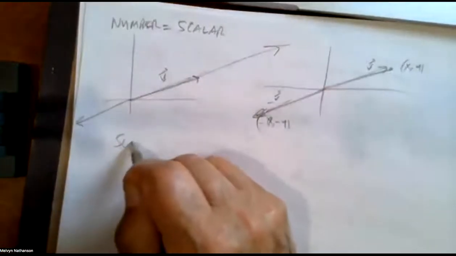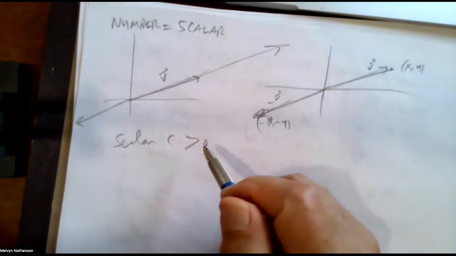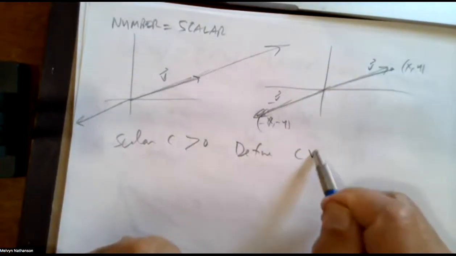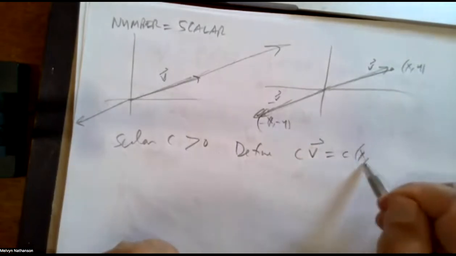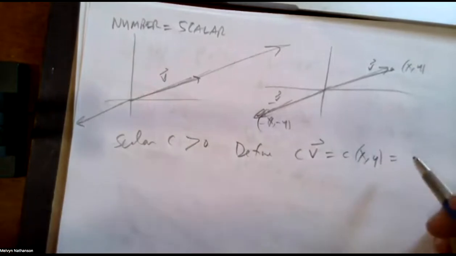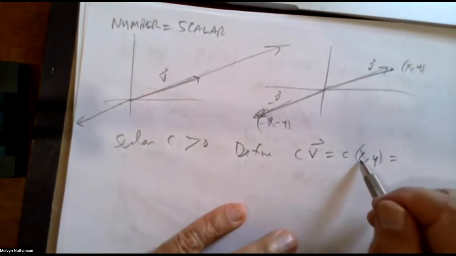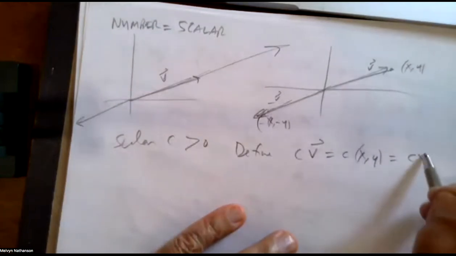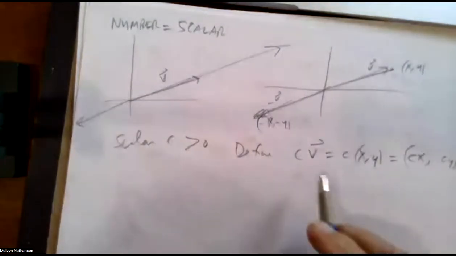Suppose you take a scalar c, let's say it's positive. Then we can define c times the vector v. So this is c times the vector whose coordinates are x, y, and we get a vector obtained by multiplying each coordinate by c. So the first coordinate will be c times x. The second coordinate will be c times y.